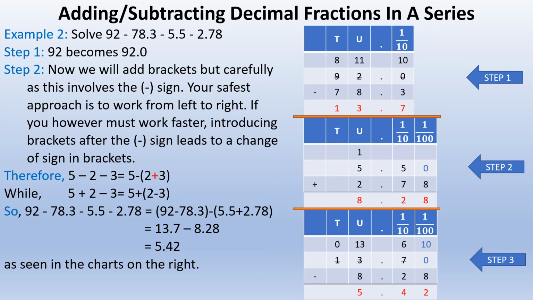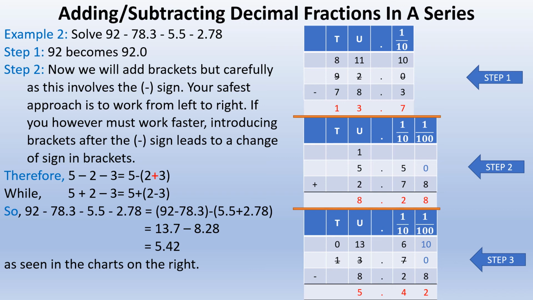Consider this mini example we have here. It says 5 minus 2 minus 3. If you solve this the traditional way, you have 5 minus 2 to give us what? 3. And then 3 minus 3 to give us what? 0. Does it make sense? Now, if you were to introduce brackets without changing the sign, then you have 5 minus in bracket 2 minus 3. 2 minus 3 will give you negative 1. 5 minus negative 1 will give you 6.